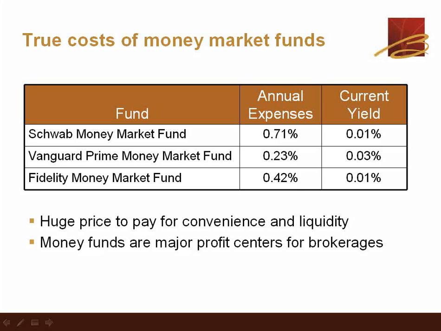But at today's low yields, or no yields, money market funds are just downright expensive, and basically the brokerages who offer money market funds are taking the entire yield, whatever there is, for themselves via their management fees. So while money market funds are great for liquidity and convenience, it's appropriate at this time to look for alternatives.